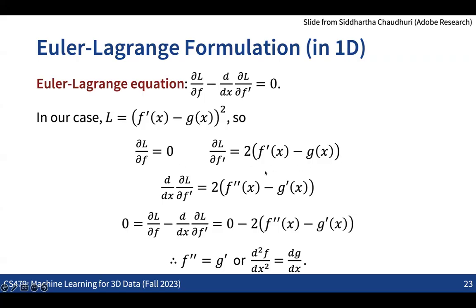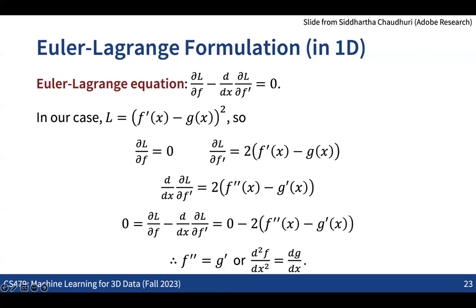We can also take the derivative with respect to x, and then we get this. So when we plug everything into the PDE that we have, what we can see is that the solution function f should have this relationship with the given vector field G.